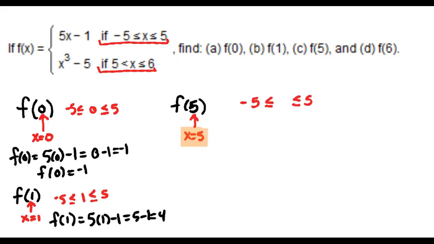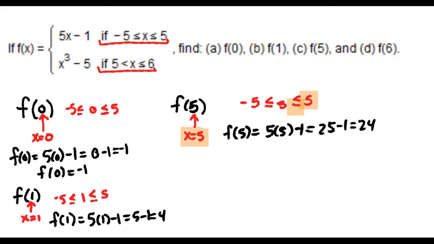So since we are at 5, and this inequality has equal 5, positive 5 does lie within that interval, and we'll use once again that first equation. So f of 5 will equal 5 times 5 minus 1. That's 25 minus 1, which is 24.